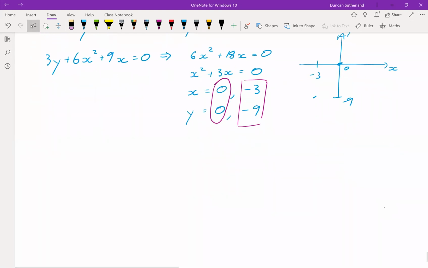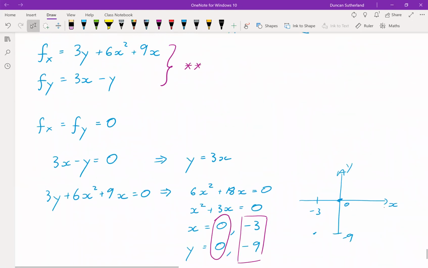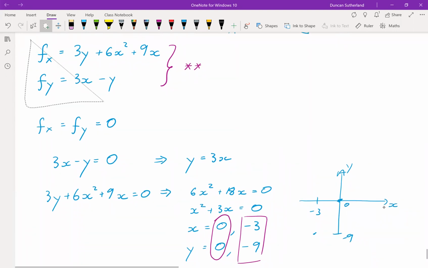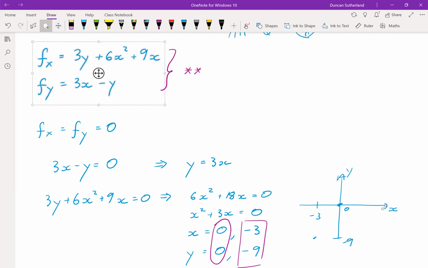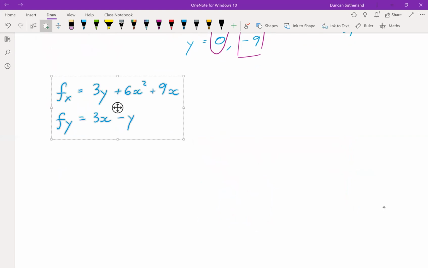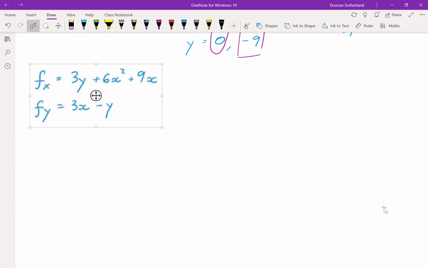All right. Okay, so let's work out the Hessian. I need the first derivatives for that. Right, so obviously I have to differentiate f sub x with respect to x to get the second derivative.